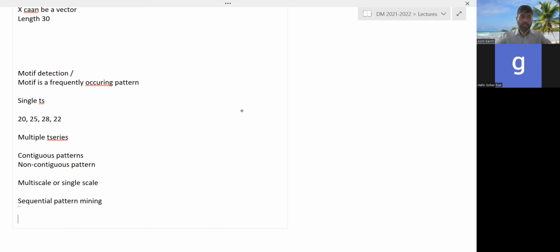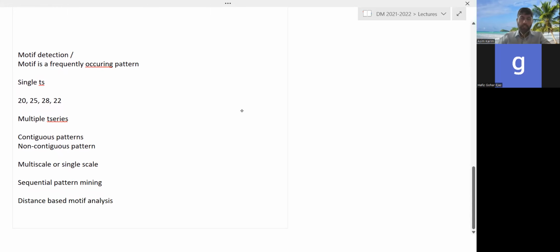Now let's quickly look at one technique which is applied to continuous time series, which is basically, I've forgotten the exact name, distance-based motif analysis.